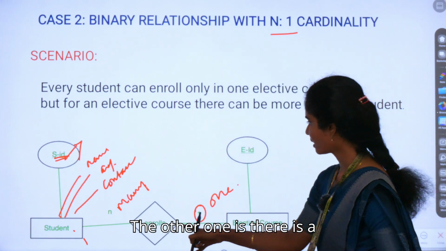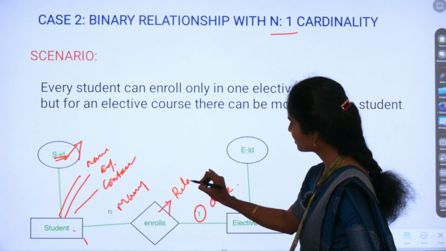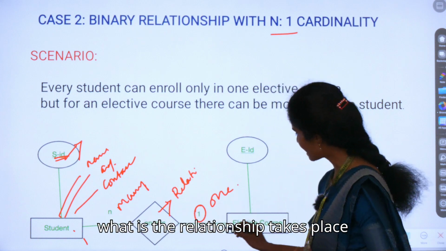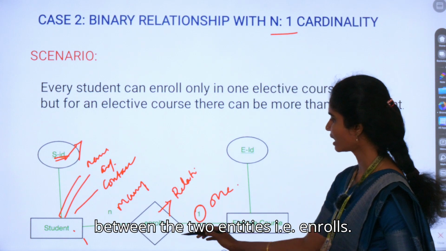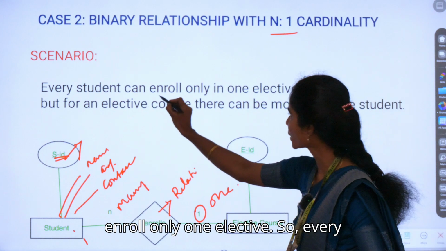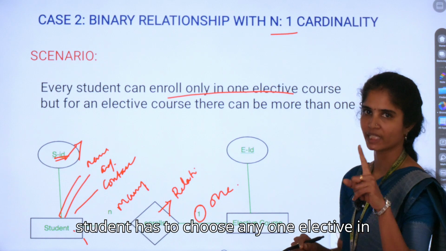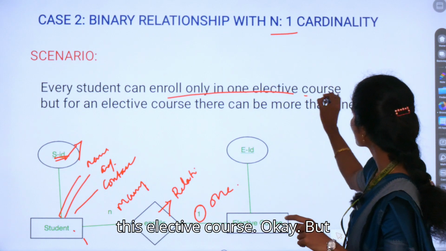The other one, the diamond shape, denotes the relationship. The relationship that takes place between the two entities is enrolls. Here is the scenario: every student can enroll in only one elective. So every student has to choose any one elective in this elective course.